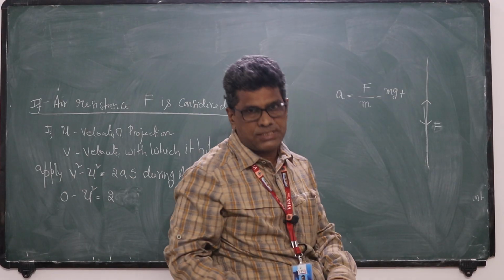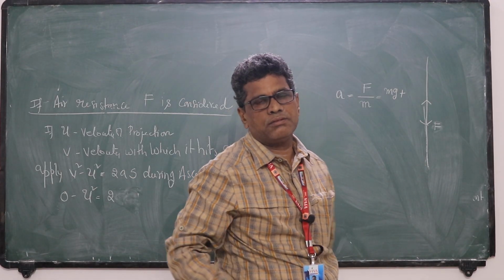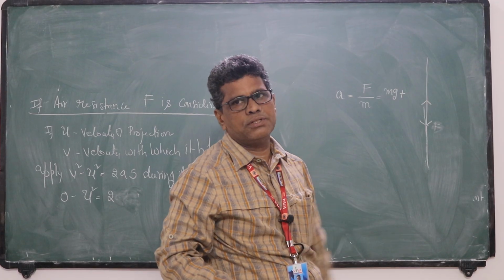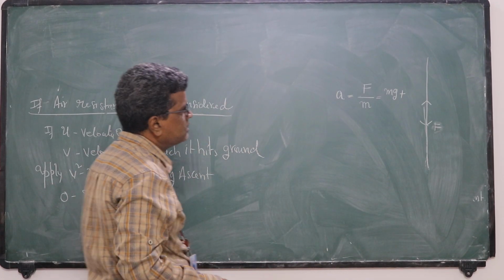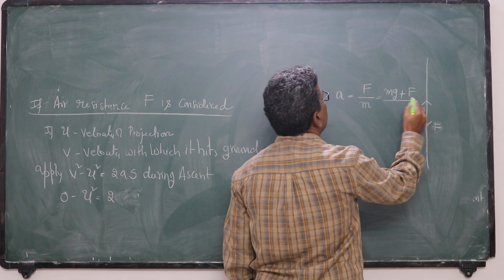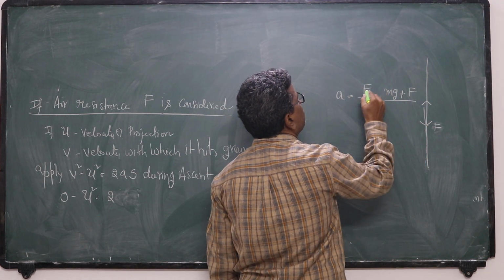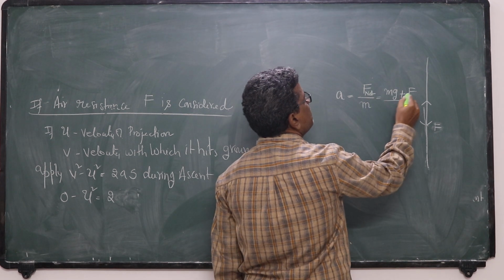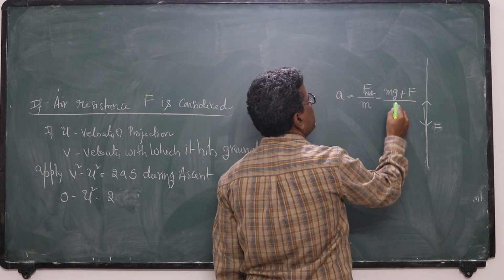Air opposes its motion. It is an opposing force, called the resistance force. So let it be F. Net force is mg plus F, by m.